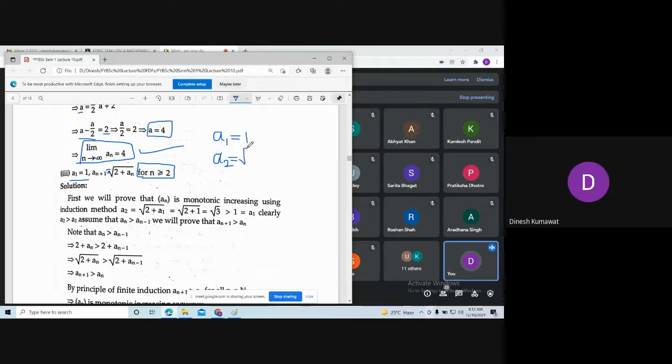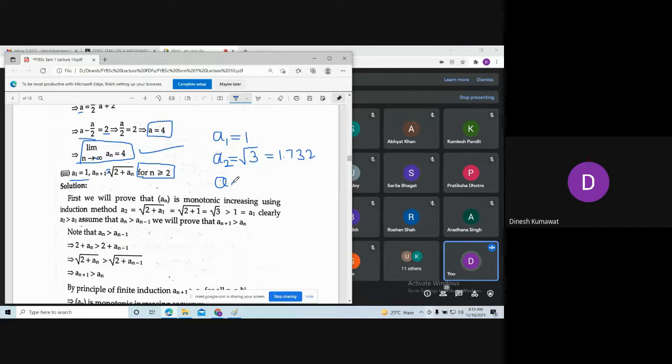And what is the value of root 3? 1.732. So you can see this value is bigger than a1, so we have the relation a1 is strictly less than a2. But we can't conclude yet that this sequence is monotonically increasing using just two terms. For that, we need to give a stronger argument.